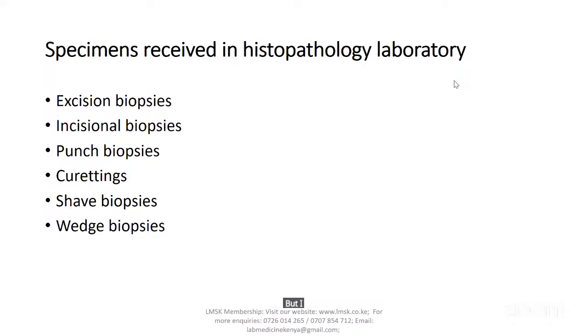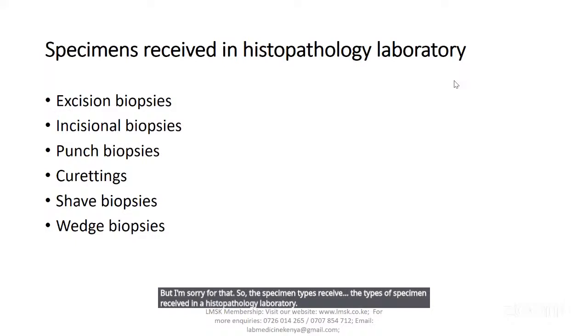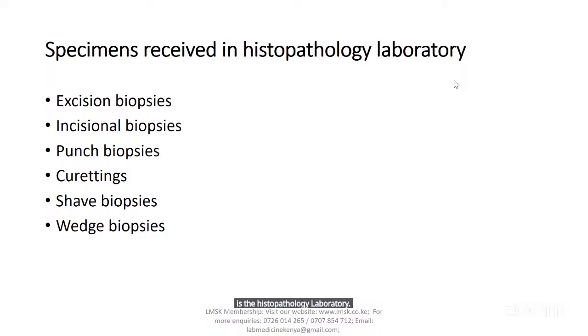So the types of specimen received in a histopathology laboratory, we said we have excisional biopsies. Excisional biopsies are whereby the whole mass or the whole lump is removed.